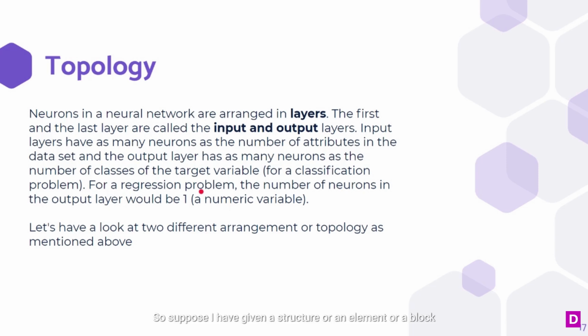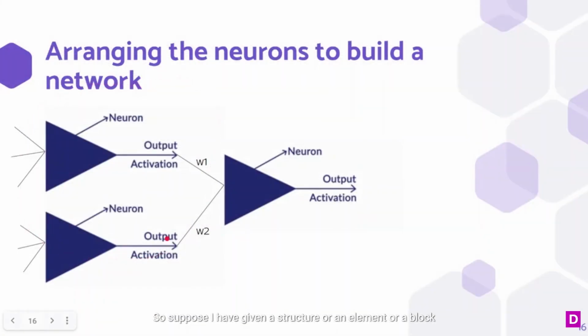Got it? So suppose I have been given a structure or a block or any object, and my task is to identify what that object is. In order to identify that one single object, I have some different input signals. Say I have been given a mobile phone. To identify that this particular object is a mobile phone, I need to process certain input signals, right?